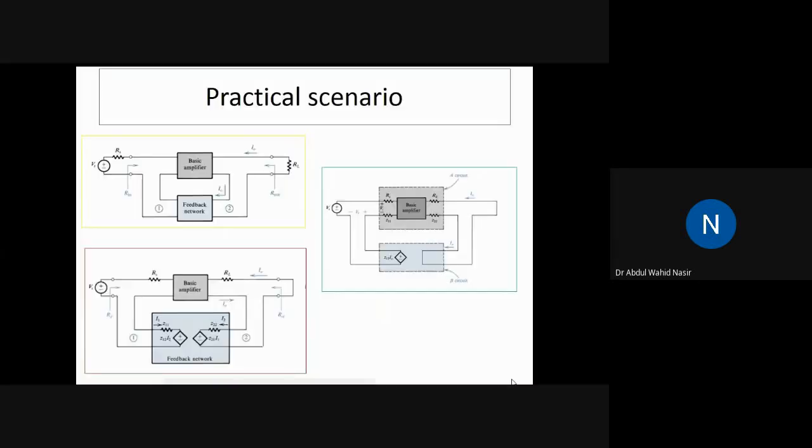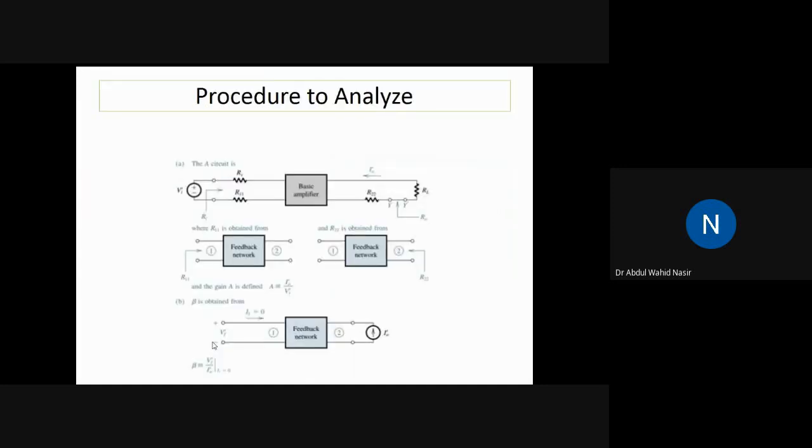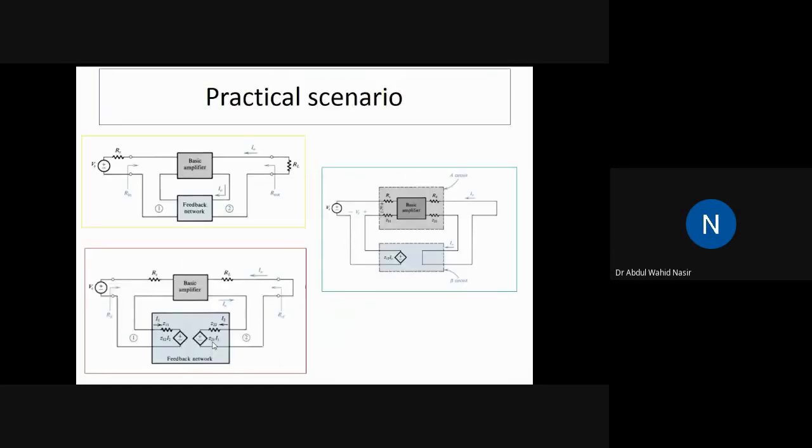Now this voltage source represents the transmission of this feedback network, that is Z21 is actually very small compared to Z12. So in this case we can neglect this Z21 element.